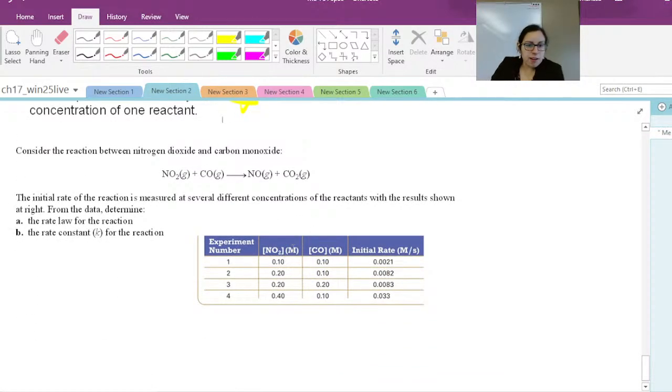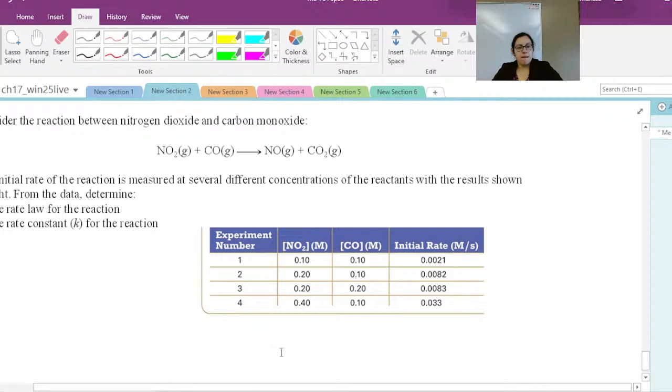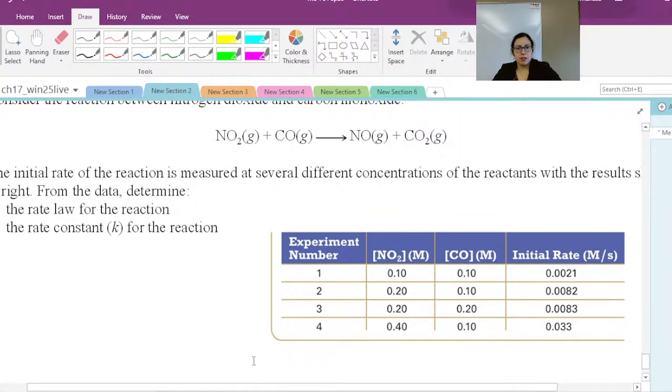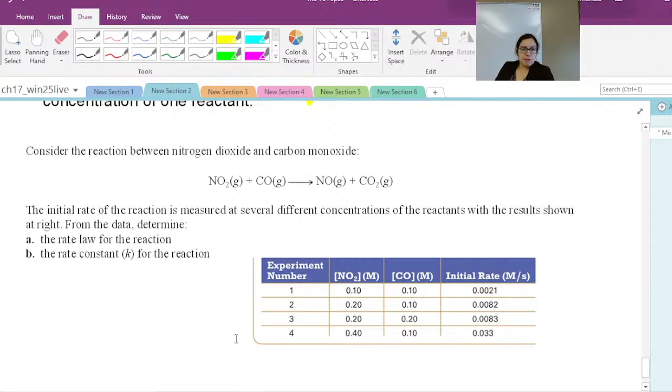All right, so let's start with this one here. We have NO2 plus CO gives us NO plus carbon dioxide. We're given our initial rates and also the concentrations of our reactants.